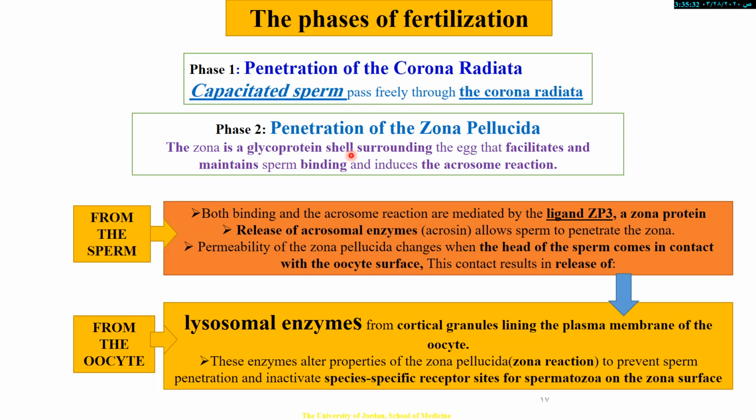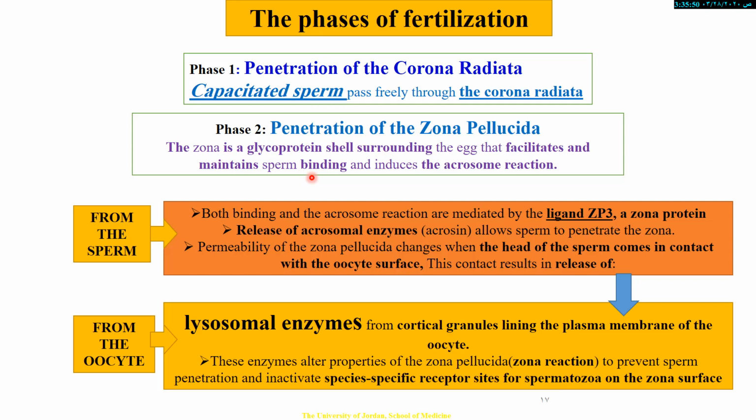We had there the zona pellucida taking place and formed at that time. So it is a glycoprotein shell surrounding the egg that facilitates and maintains sperm binding.